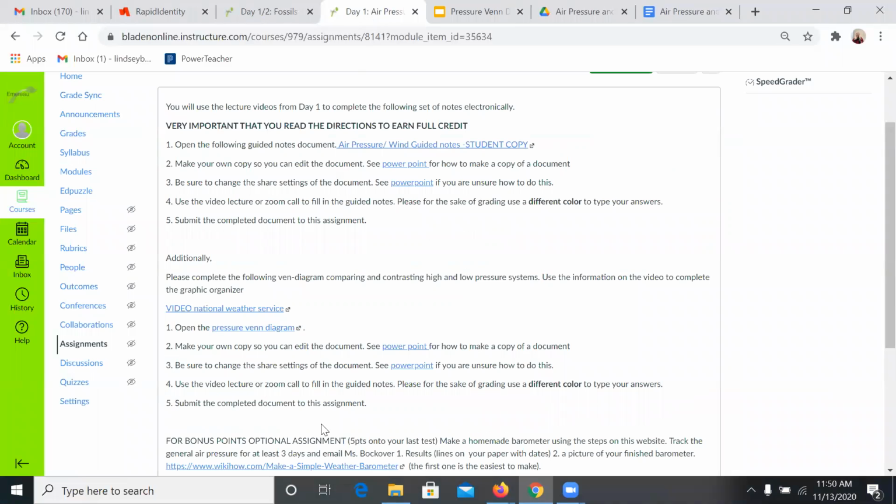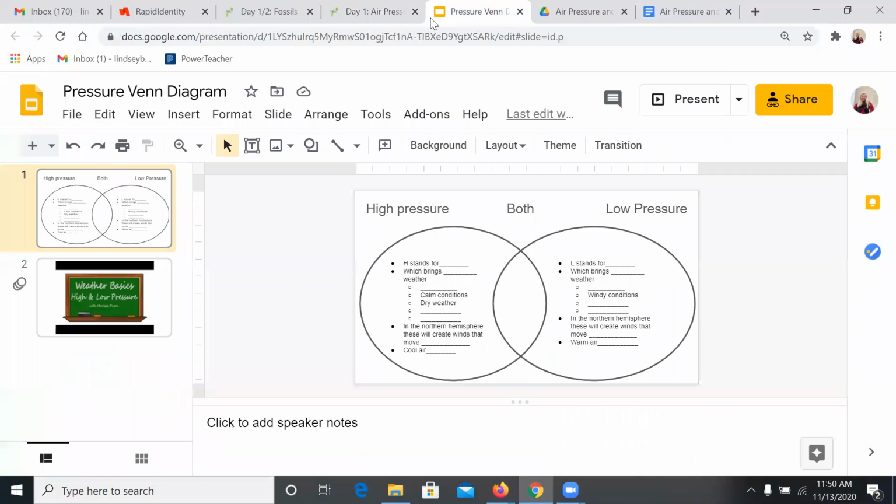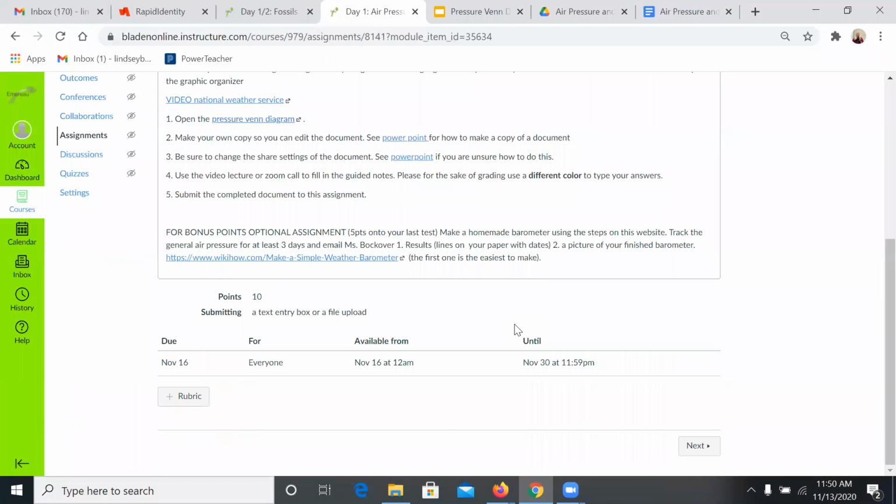And then you're going to use the video to fill in the Venn diagram. So they're guided. You can either play right here or play right here, and you're going to fill in this Venn diagram comparing and contrasting high pressure and low pressure systems.